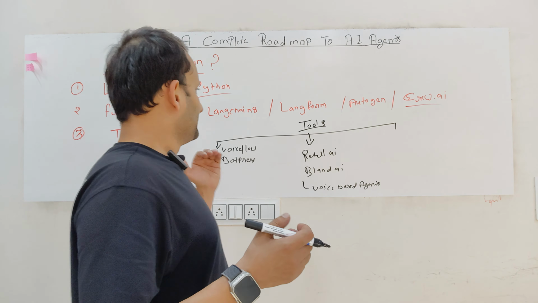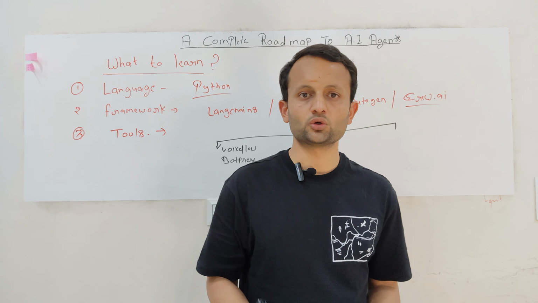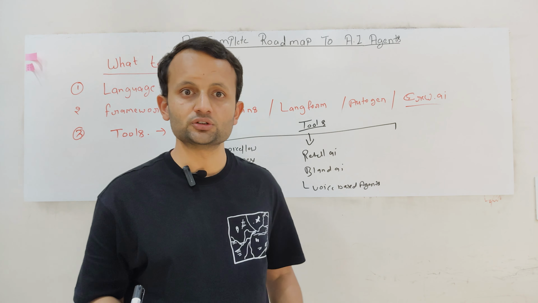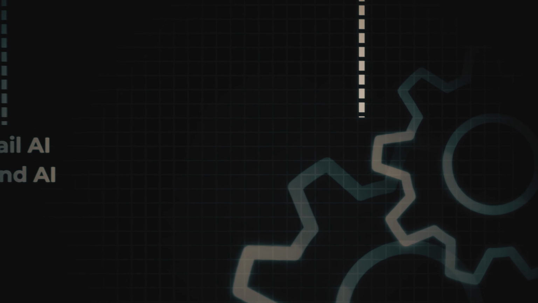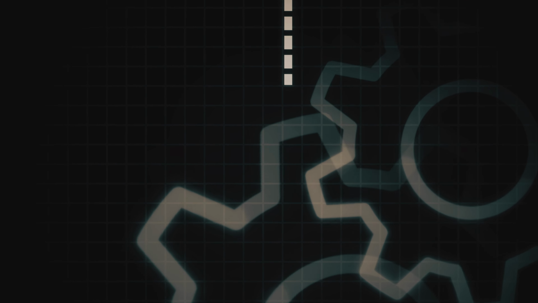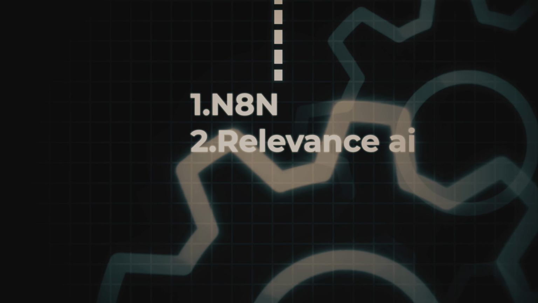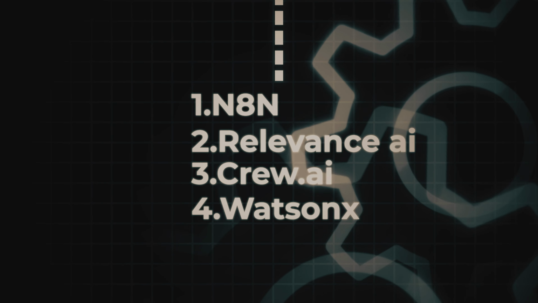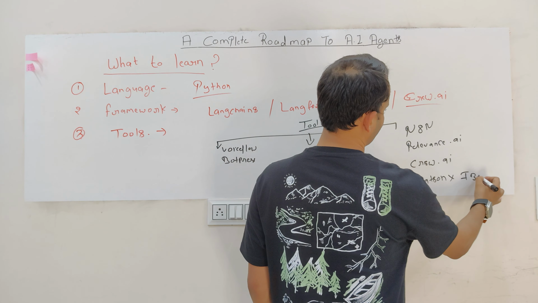And start building AI agents on that. Now comes the research-based agents, which we call autonomous systems, that are capable enough to take decisions on your behalf, and that is the highest in demand right now. These kinds of agents can be built by platforms like N8N, Relevance AI, Crew.ai, and watsonx by IBM.